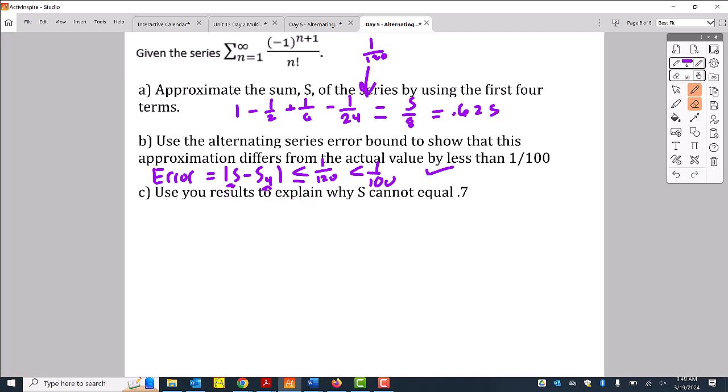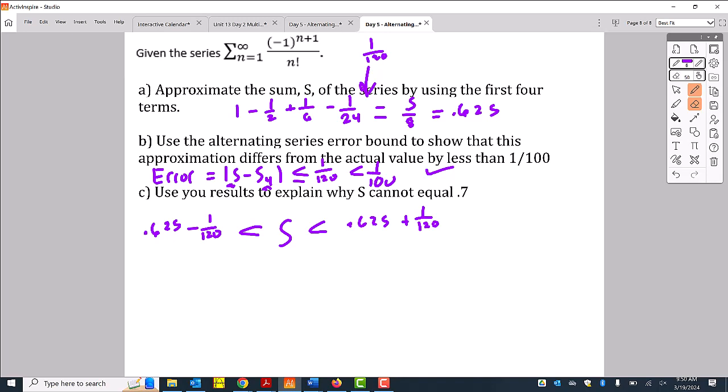Lastly, we want to use our results to explain why S cannot equal 0.7. Well, because we know a bound of error, we can create an interval for which S lies in. So S is the sum. S has to be between our approximation, 0.625, plus the error, 1 over 120, and our approximation, 0.625, minus the error, 1 over 120.